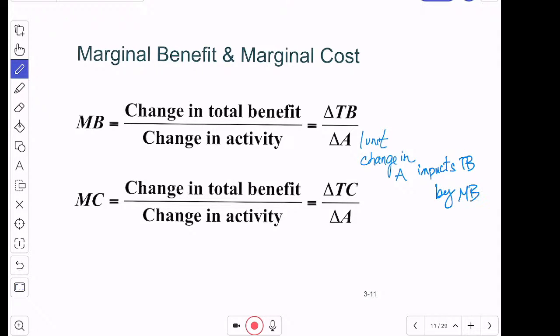Okay, that's really what's happening. So a 1 unit change in A impacts total benefit by the marginal benefit. So that's what marginal benefit is. Similarly, marginal cost, 1 unit change in the level of activity changes total cost. That's known as the marginal cost.